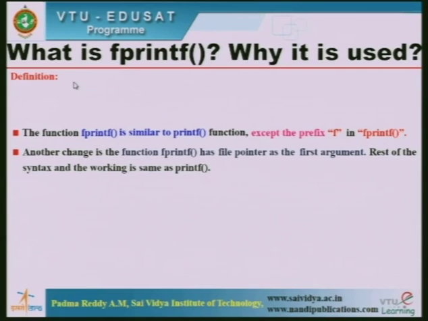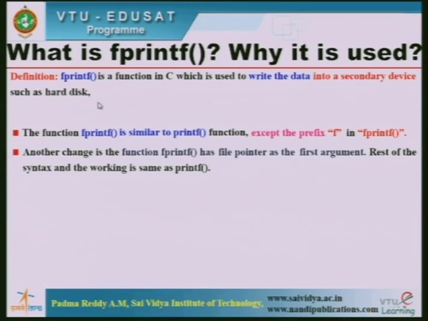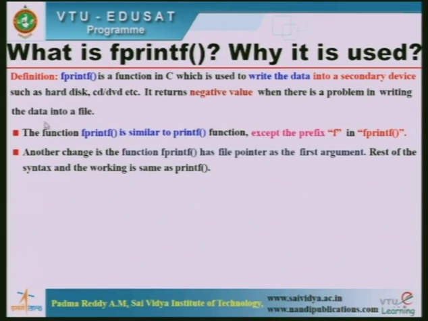Now what is fprintf? fprintf is a function in C which is used to write the data into a secondary device such as the hard disk. It returns a negative value when there is a problem in writing the data into a file. So using fprintf we can write the data into the hard disk, you cannot write into CD or DVD.